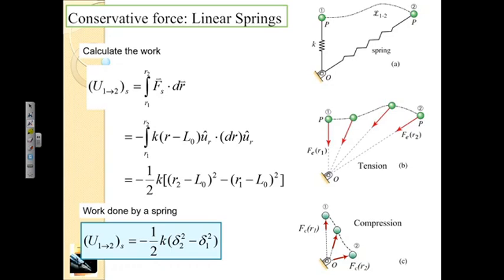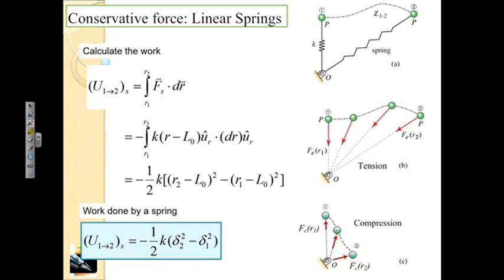Then you got to think about, okay, what's the work we did to do these? So if I have a spring force in the opposite direction of u hat r, my displacement is in the positive direction, right?